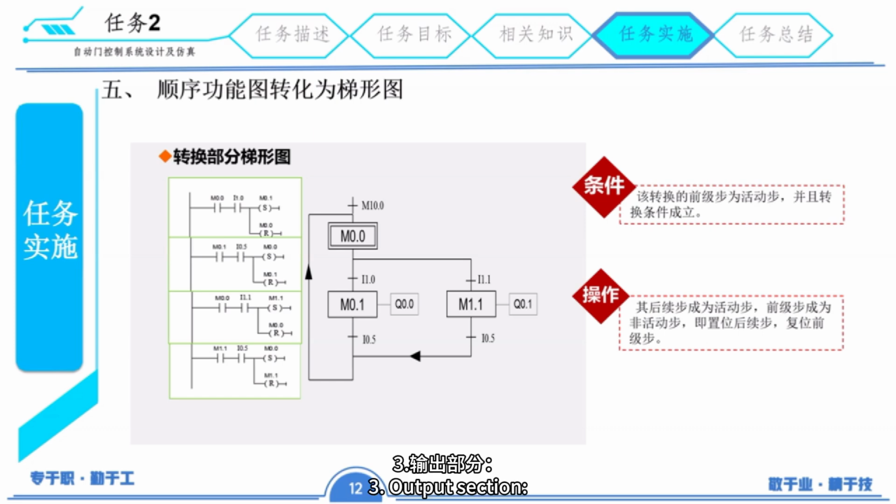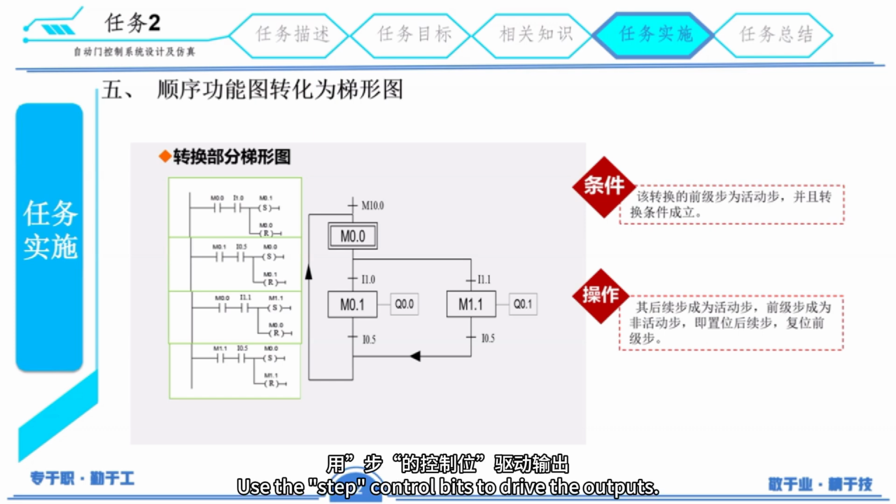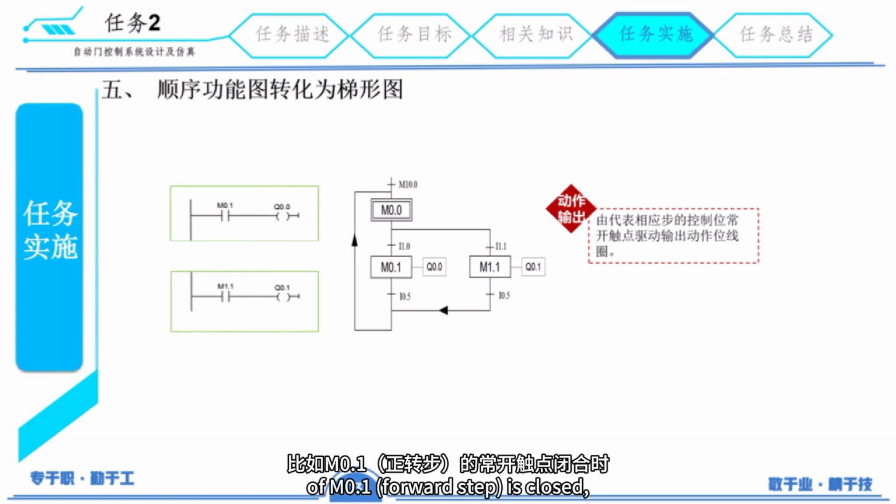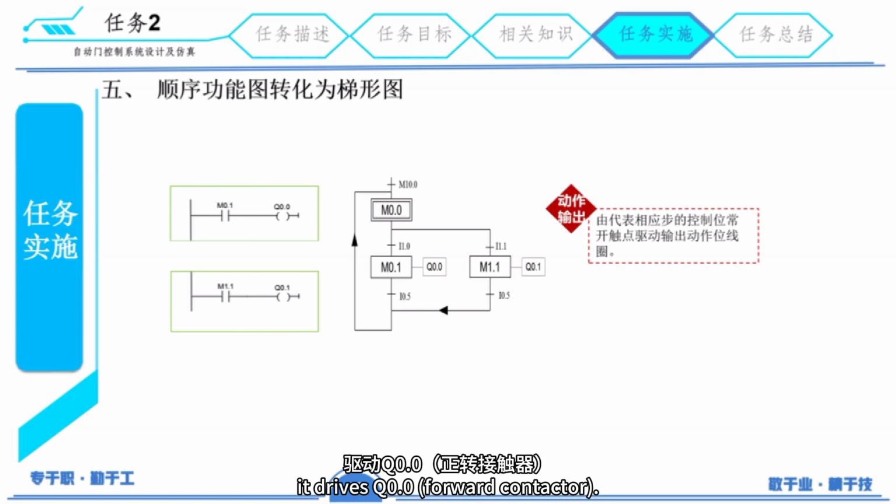Third, output section. Use the step control bits to drive the outputs. For example, when the normally open contact of M0.1 forward step is closed, it drives Q0.0 forward contactor. When M1.1 reverse step is closed, it drives Q0.1 reverse contactor. Fourth, combination and optimization.